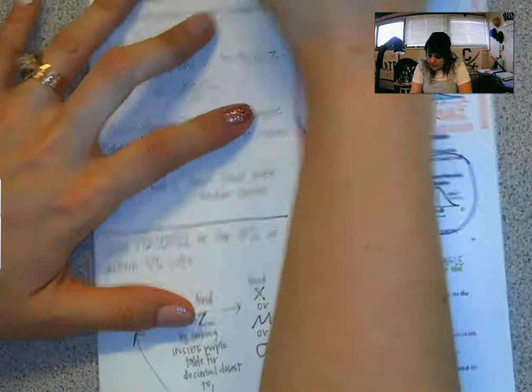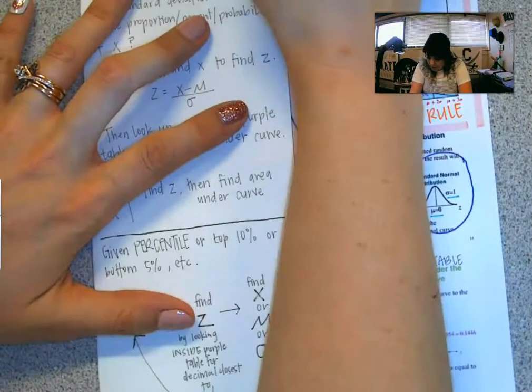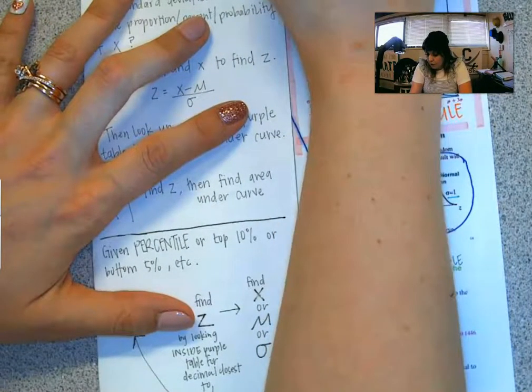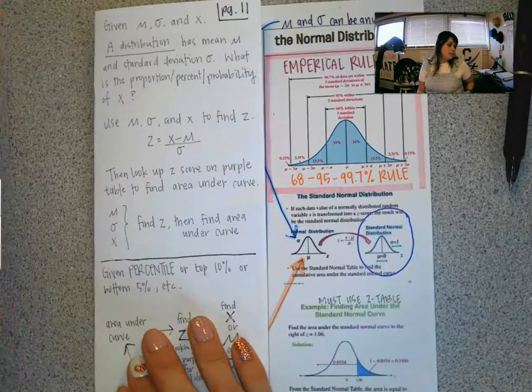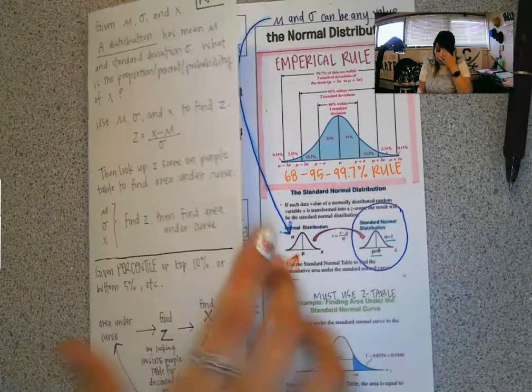So this entire part of the back side of my overview, you can see an example of each on page 11. So if you need a concrete example, you can find it there.